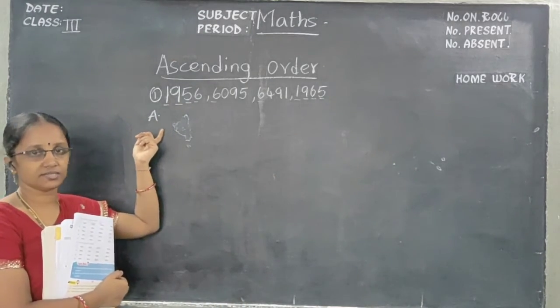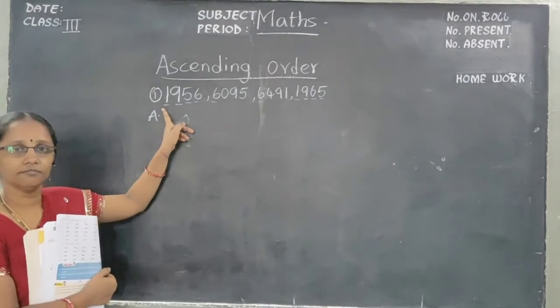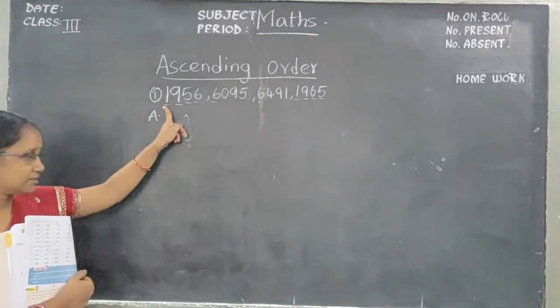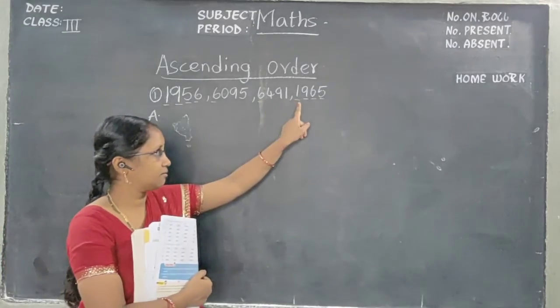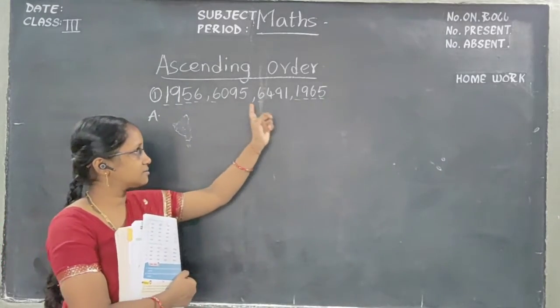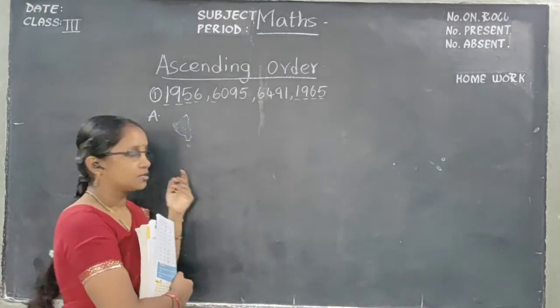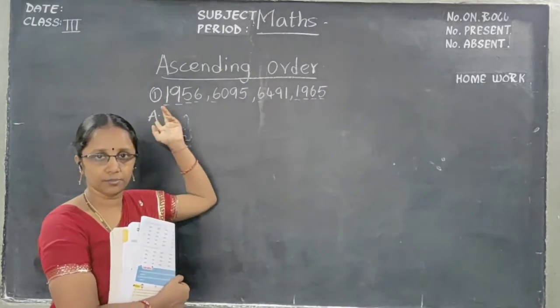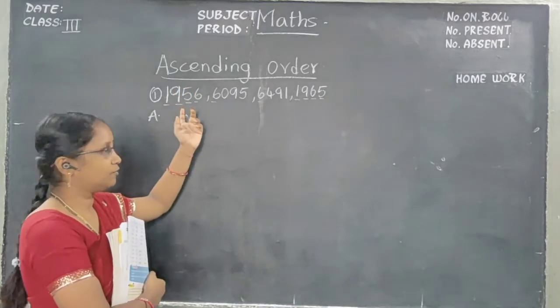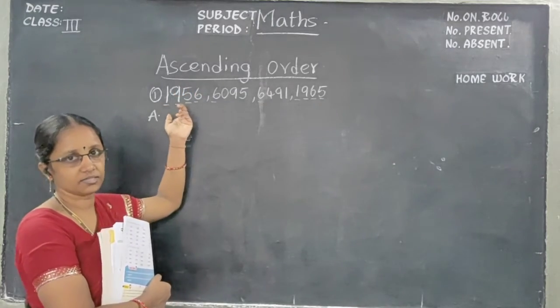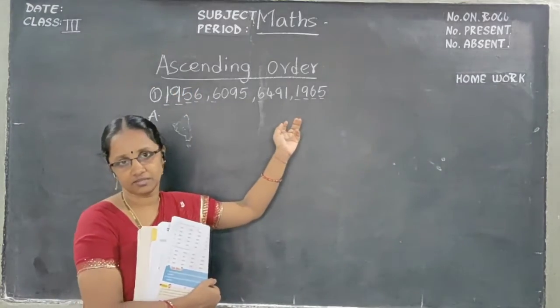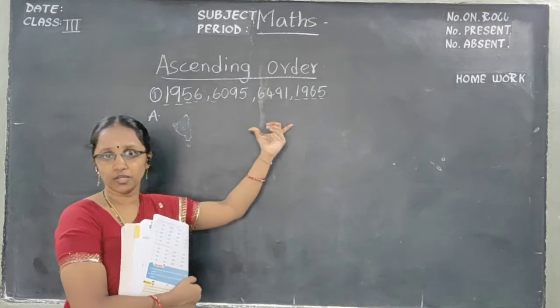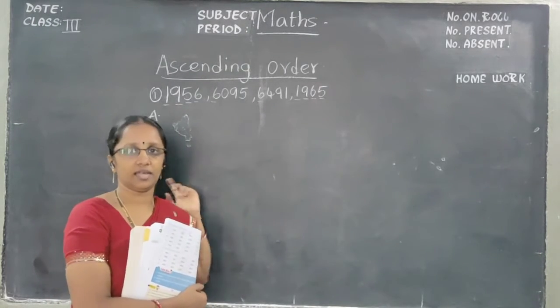Did you understand what I said? First you have to see the first number, that means in the thousands place. Here 1, 6, 6, 1 is there. In this, which is the small number? 1. So we have 2 numbers with 1. In this 2, now we will see what number is in hundreds place. 9. Both are same. If both are not same, then whichever is the small number, you take that.